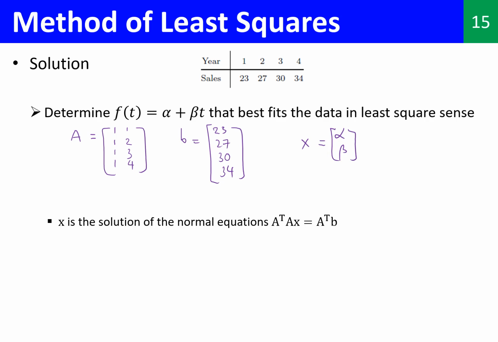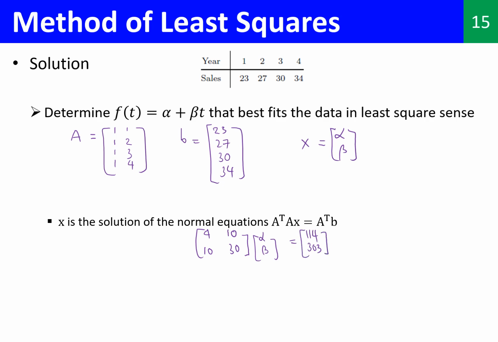so the associated system of normal equations would be A transpose A x equals A transpose b, and from that we would get 4, 10, 10, 30 times alpha and beta, and on the right hand side we would get 114 and 303. So please check these.